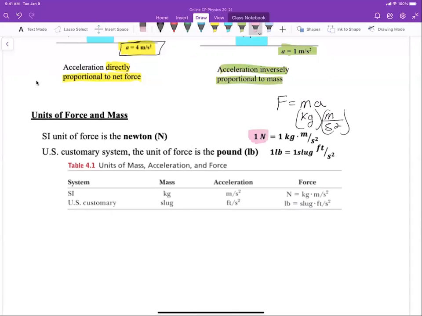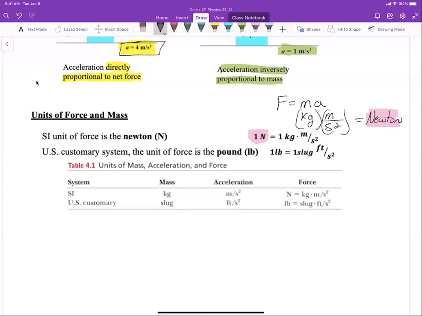So a Newton is a unit of force, and inside of a Newton, it is a kilogram meter per second squared. The symbol will be a capital N. So all forces have a unit of Newton.